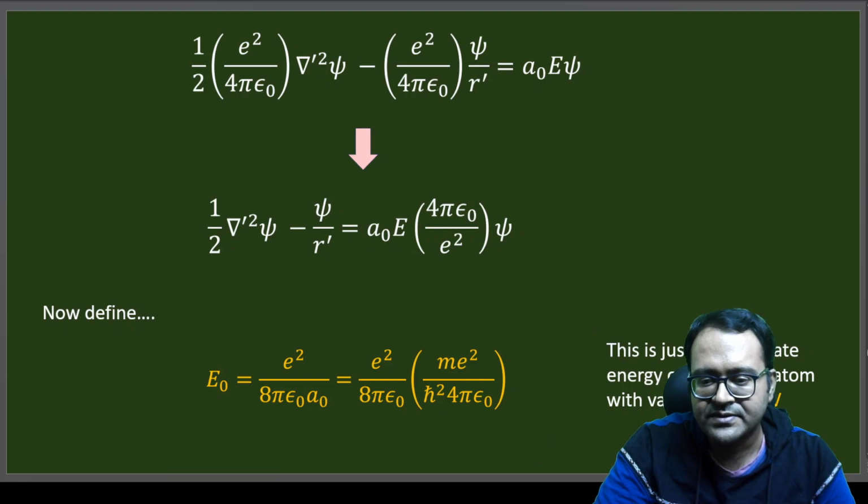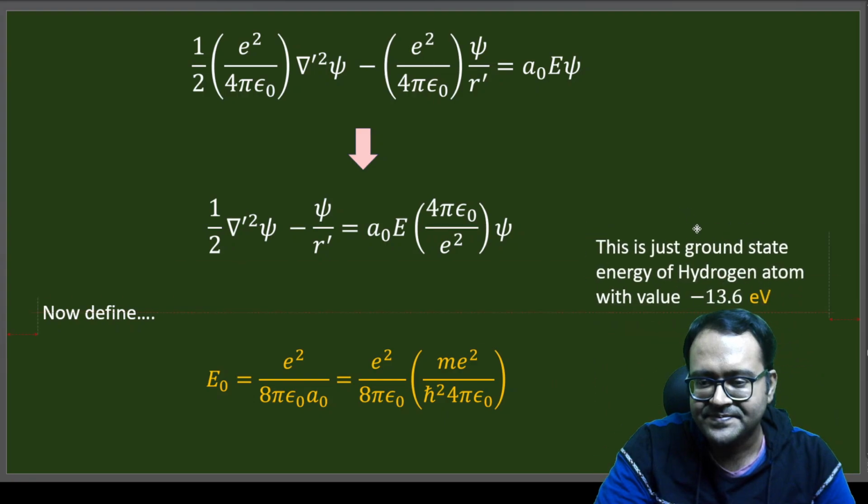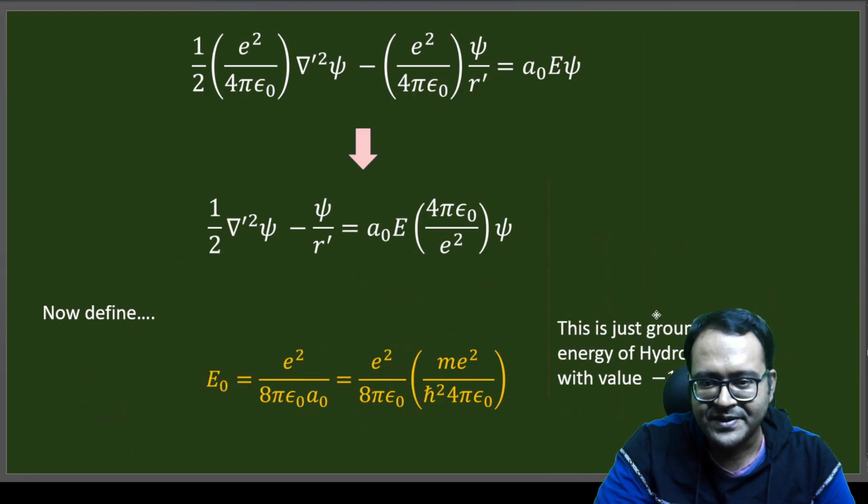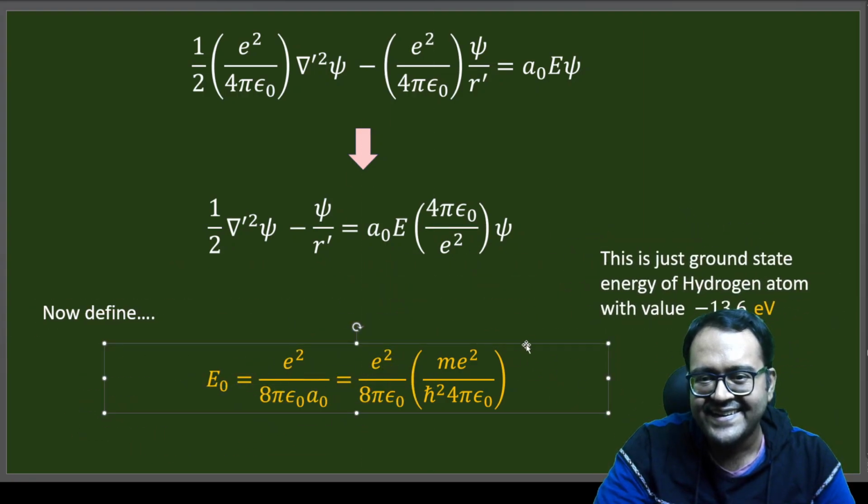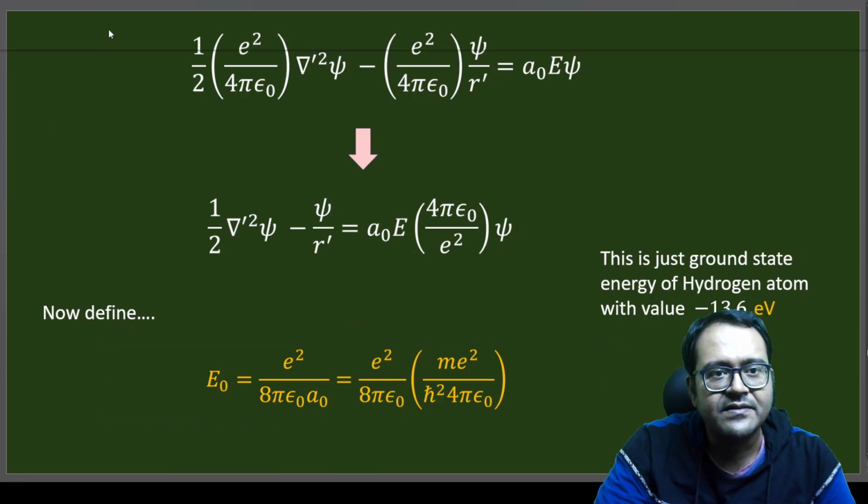So this step, what should I say? This thing is just the ground state energy of the hydrogen atom. You defined it, so I put a shape there.